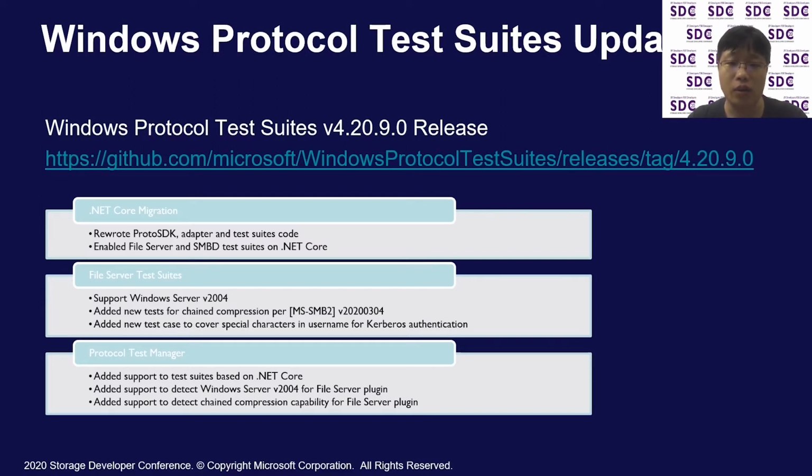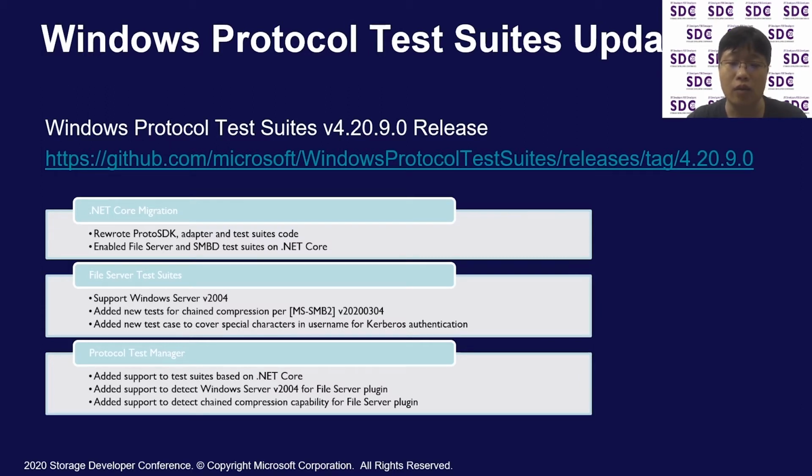Currently, we enable FileServer and SMBD test suites on .NET Core, which you could download from the GitHub release. For the FileServer, we support testing against new features added in Windows version 2004, which is called chained compression. Also, we added a new test case for Kerberos authentication, and I will introduce the details later.